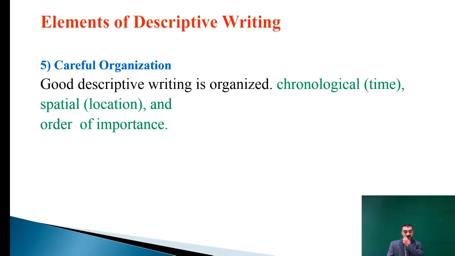We have to organize them well, and there are 3 types of organization when writing a descriptive essay. The first one is chronological order, depending on the times of the events or the object we are going to describe. The second type is spatial organization, depending on location. And the last one is order of importance, depending on the importance of the sub-events or the objects within the main events.